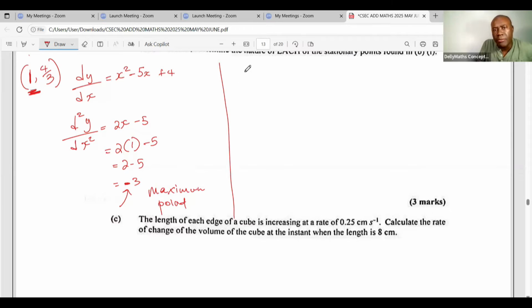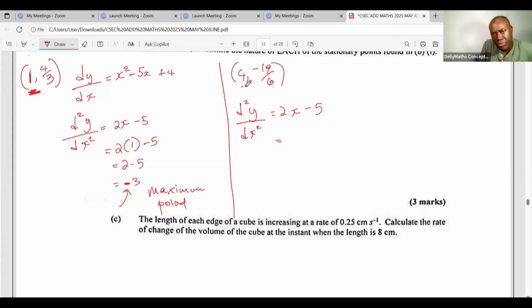Now we're going to do it again, but we're going to do the other point, right? So what was the other point? We'll make sure that we got that. All right, so the second point that we had was actually 4 with negative 19 over 6. Now our double derivative, which is d squared y over dx squared, is actually 2x minus 5.